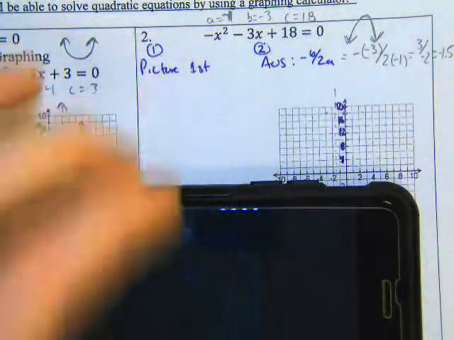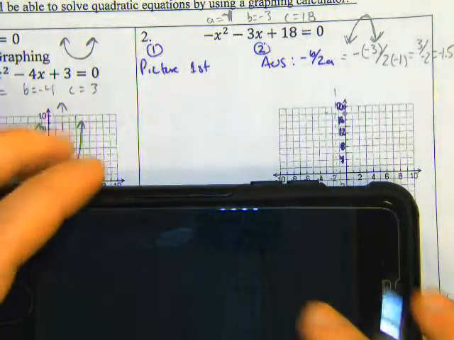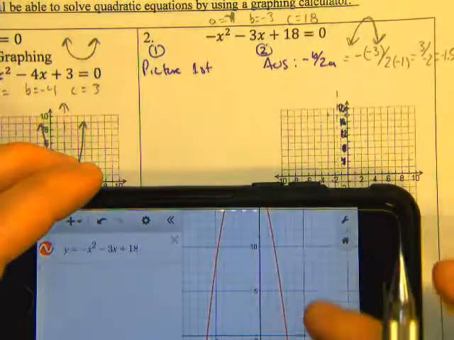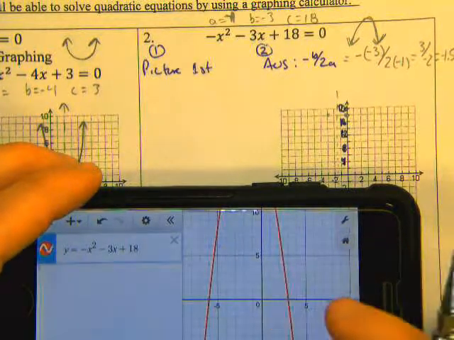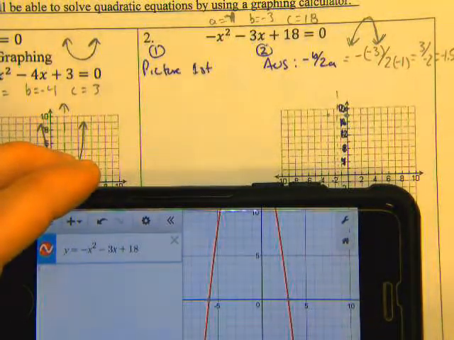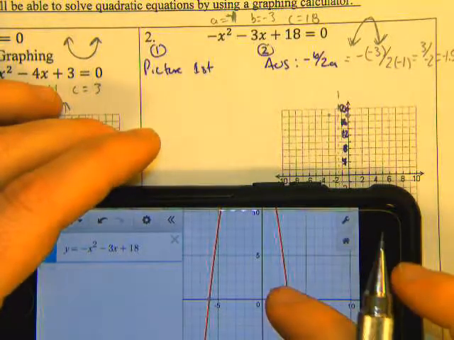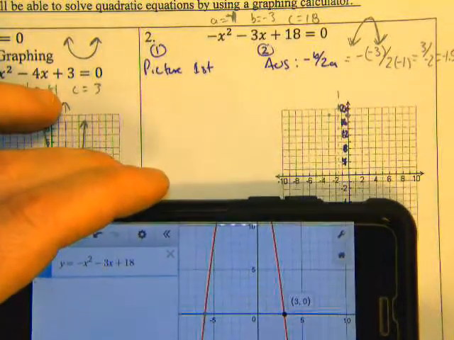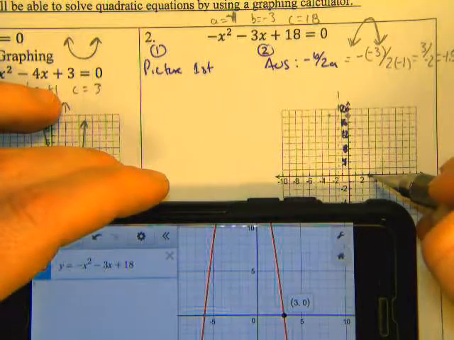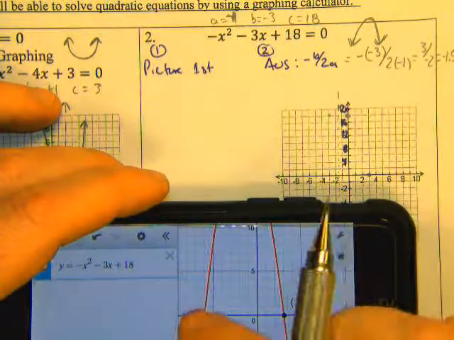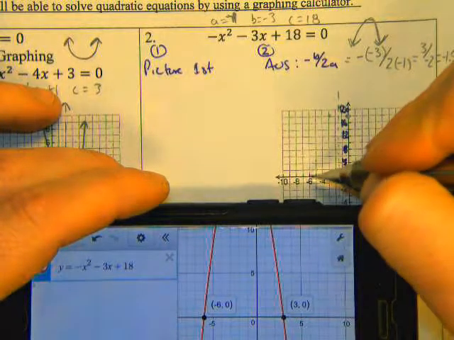Okay, and then I come down and I want to see where it hits the axis. So if I look at where it hits the axis and you just tap it, you get those pieces. It looks like it hits the axis at 3, 0, so 2, 3, and negative 6.